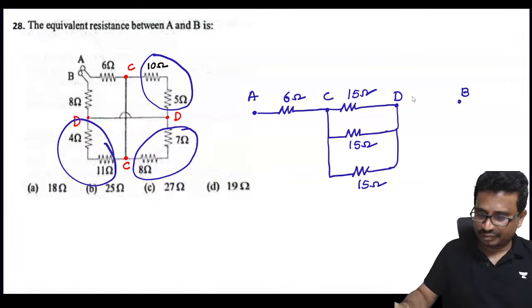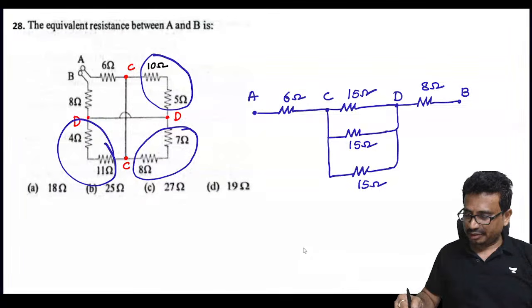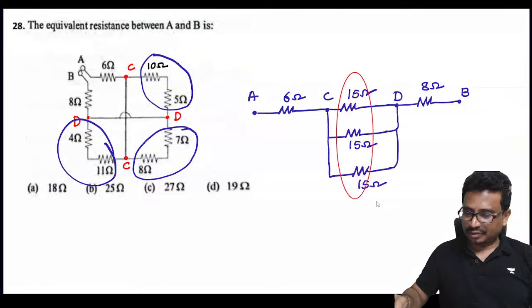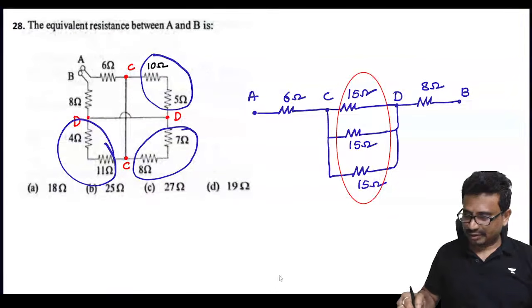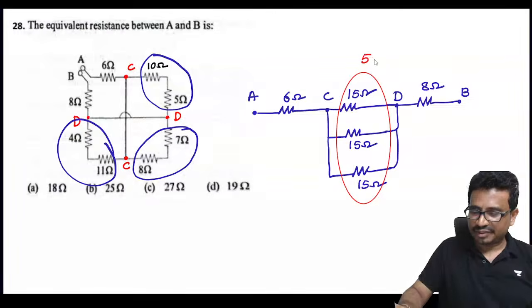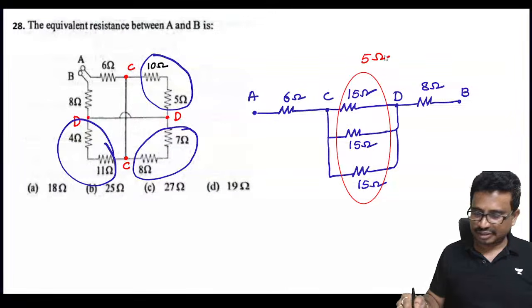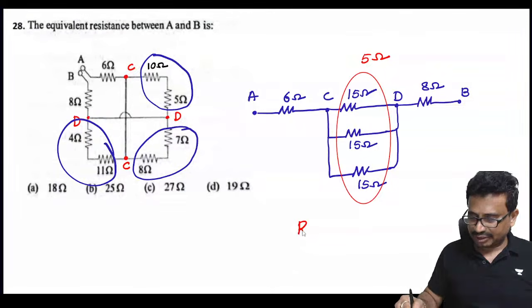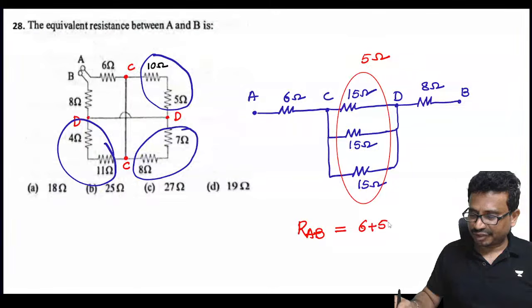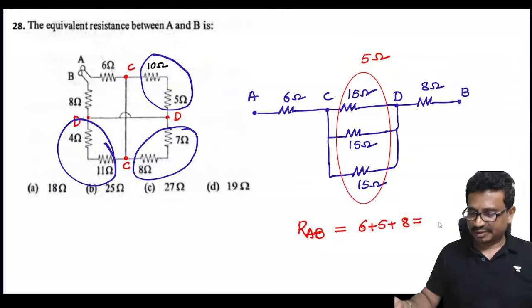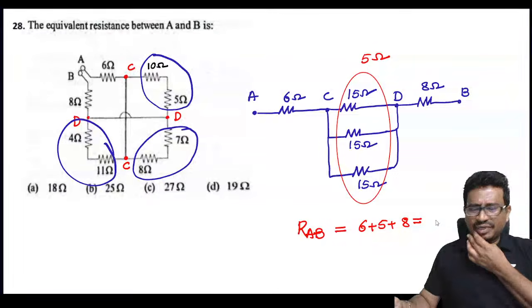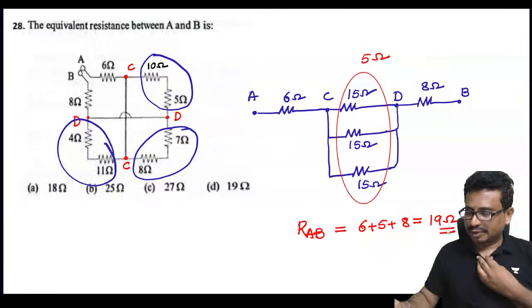And D to B is 8. You can see these three are in parallel, so this value is 5. So the equivalent resistance RAB equals 6 plus 5 plus 8, which is 19 ohms.